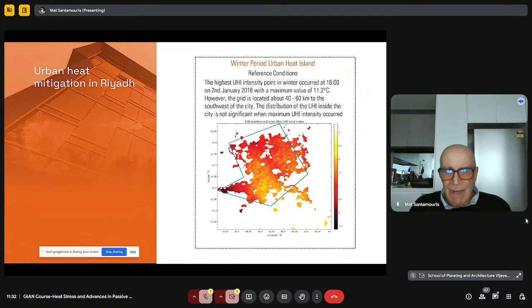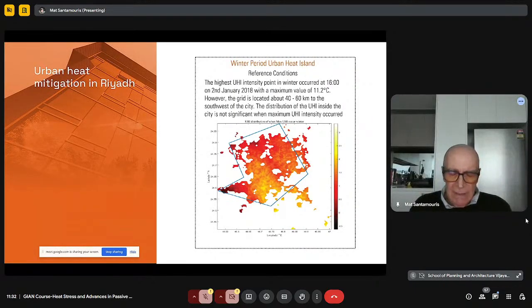But this is just the maximum. The average urban heat island intensity during the winter period is between 2 to 3 degrees, which means that the urban heat island is also present during the winter time, and the reasons behind the differences of the temperature at the city scale are very similar to what has happened during the summer.